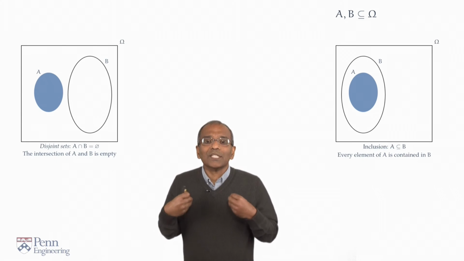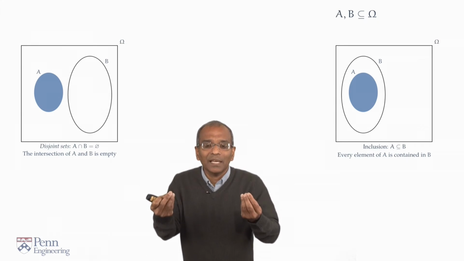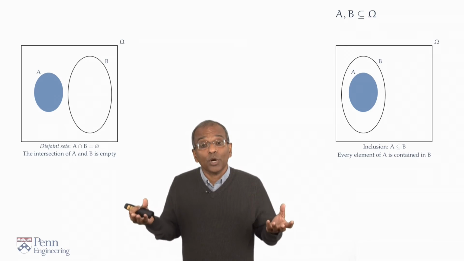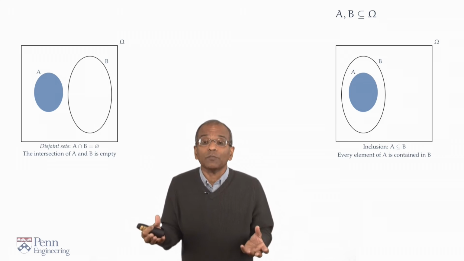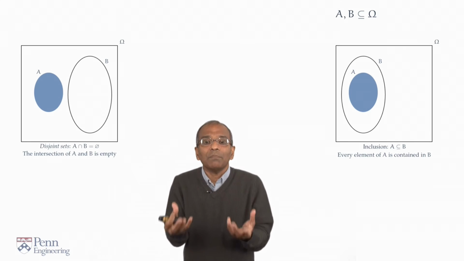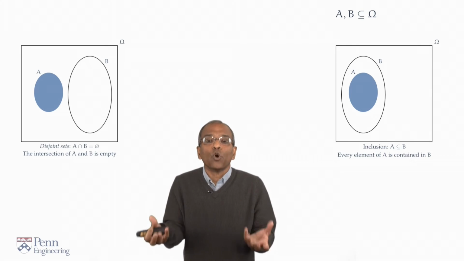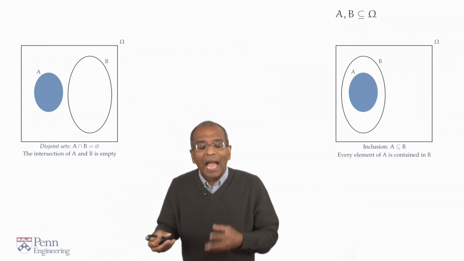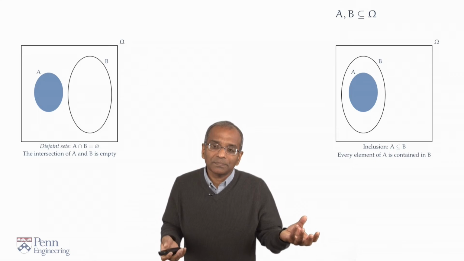We say the intersection of A and B is empty. In alternative language, we say that A and B are disjoint. And what we mean by all of this is that A and B share no elements in common. There is no omega which is in A and in B.